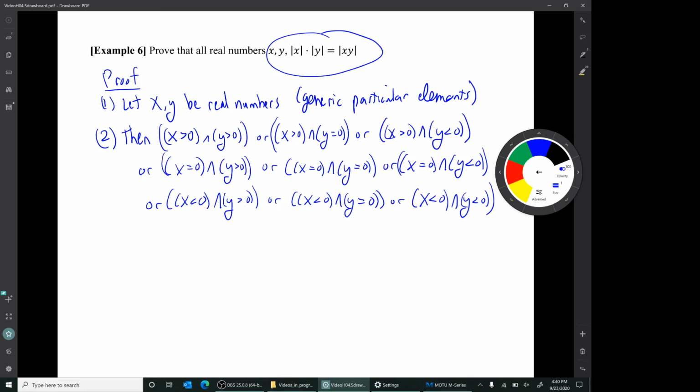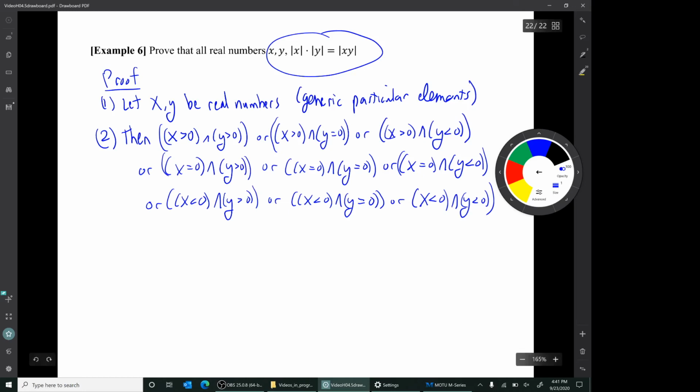So that might make it seem like we need to have 9 cases. Yikes. But really, we don't. There's a trick here. One thing to observe is that there's nothing special about the names x and y. So if we prove something that's true involving the letters x and y, we could just change the names to some other names if we wanted.